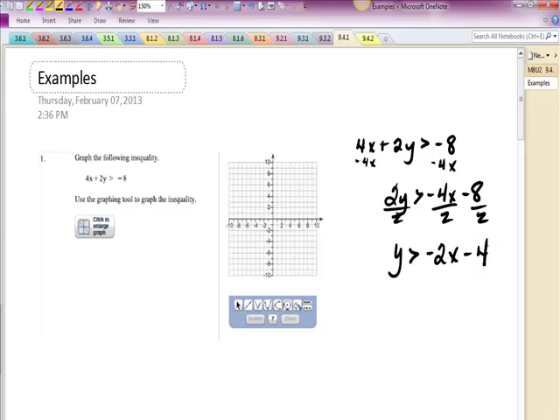At this moment, go ahead and make some decisions based on the inequality symbol. Because it does not have equal, this will be a dotted boundary line. Because it is greater than, you will shade above.